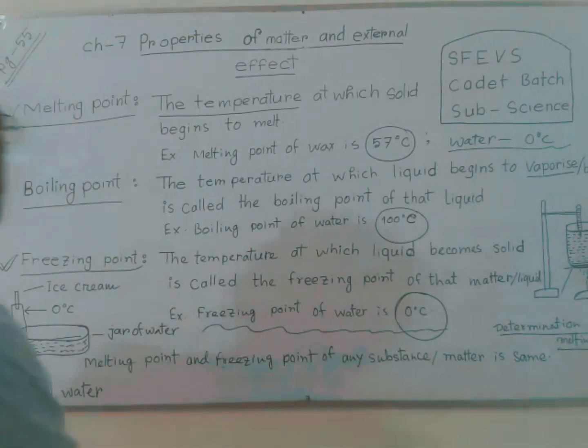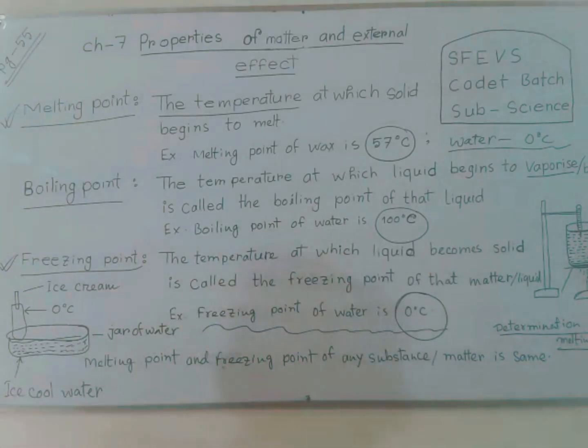Okay, and at the last of our discussion, we discussed how the melting point and freezing point of any substance are the same. When a solid started to melt, its temperature remained the same as when it was solid. Okay?